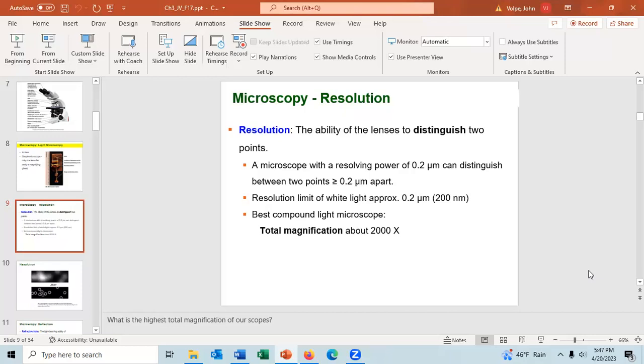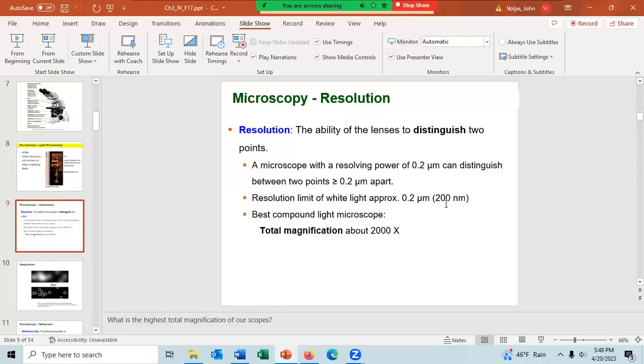So the resolution of the light microscope is 0.2 micrometers or greater. If we have something less than 0.2 micrometers, you cannot distinguish them as 2 separate points. So the resolution limit of a light microscope is 0.2 micrometers, and that's 200 nanometers.